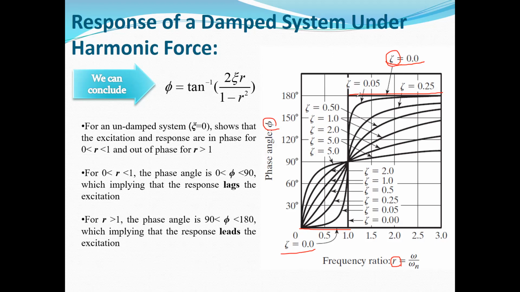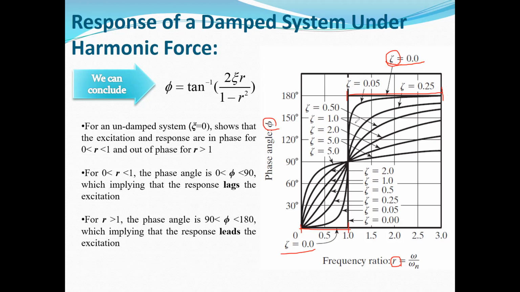As you can see, the response is in phase when R is less than 1, for this area. The response is in phase with the excitation. And for this area, when R is more than 1, the response is out of phase with the excitation.